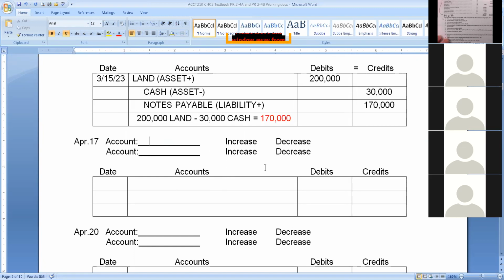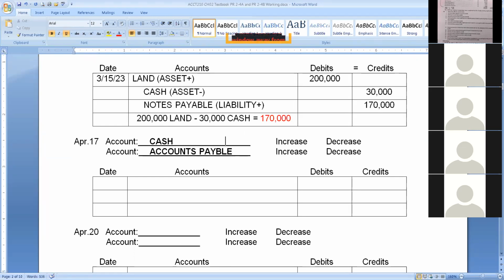Okay, 17. Paid creditors on account. Paid means cash. On accounts, accounts payable. Cash going up or down? Down.